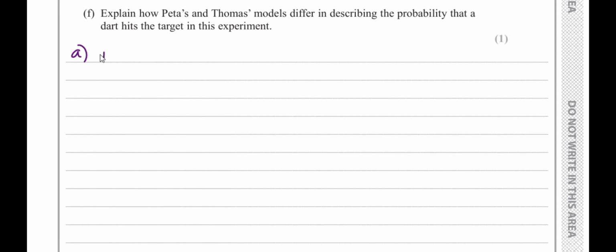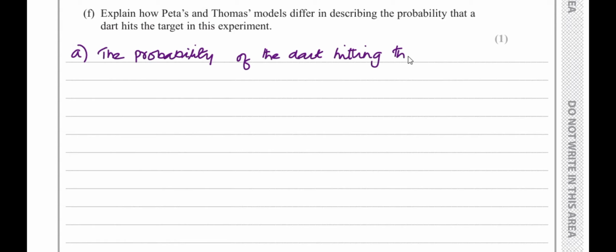So you could say the probability of the dart hitting the target for each child is a constant.